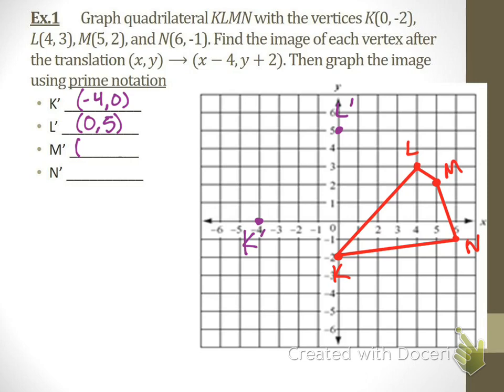Do you mean a positive 1, comma 4? Yeah. Good. So positive 1, 4 is going to be my M prime. And what about N prime, Akira? 2, comma 1. Sounds good for N prime. Then of course we can connect all of our primes. We should be able to see that these figures are the same figure. It's just shifted up and to the left a little bit.